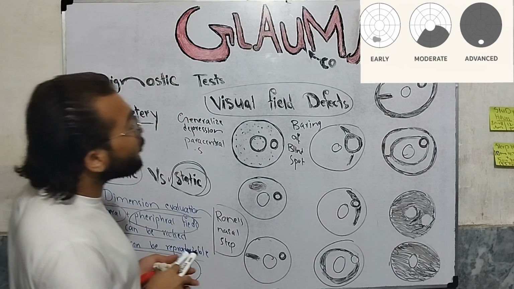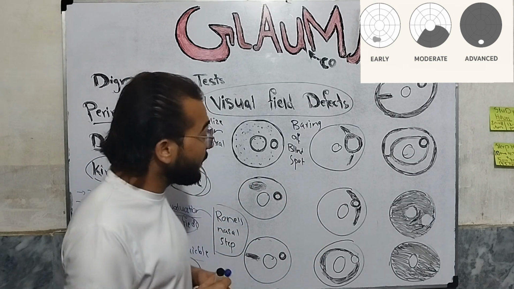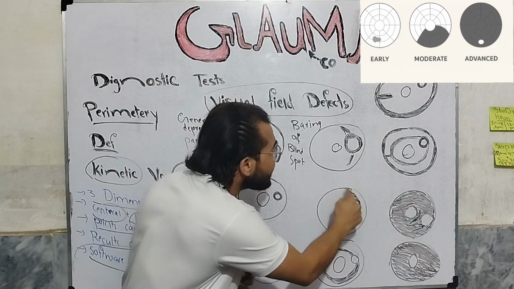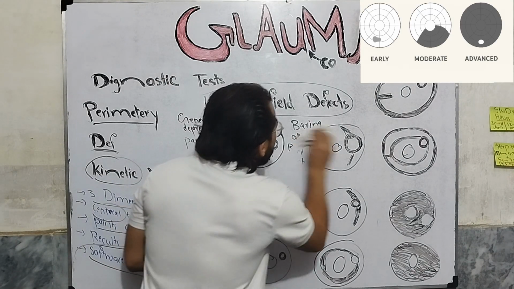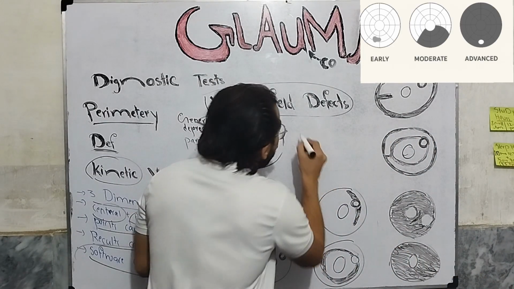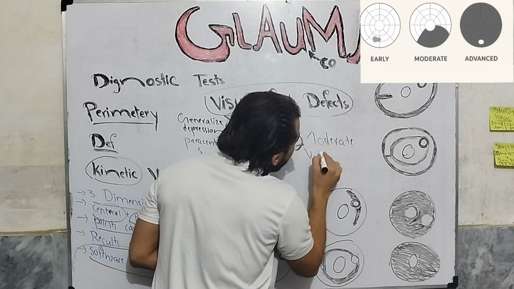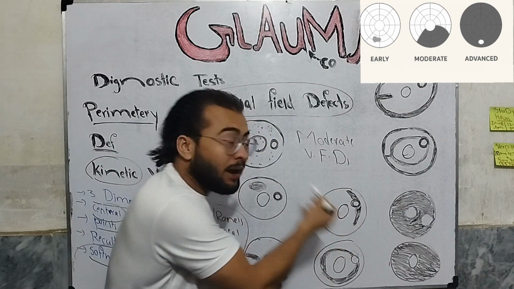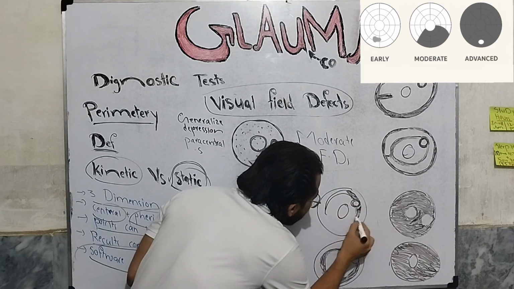Now, if the glaucoma is still not managed, we can have moderate visual field defects. In the moderate visual field defects, the first one is that this seidel scotoma from the early visual field defects will expand like this in an arcuate shape.